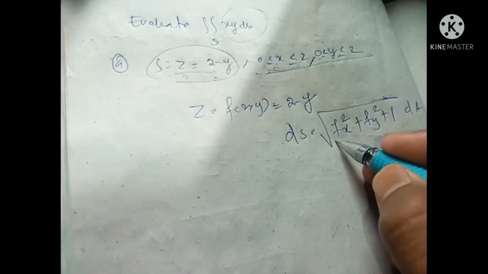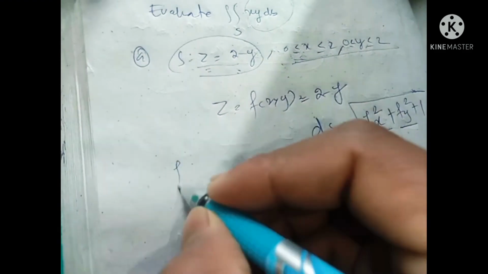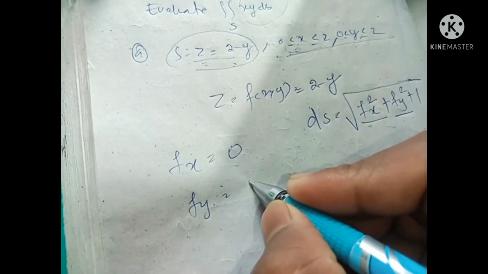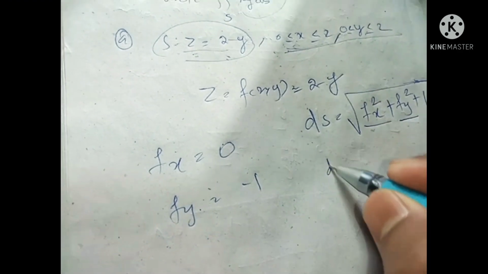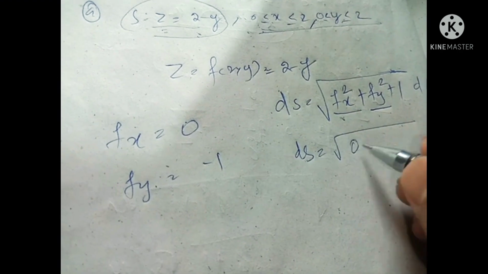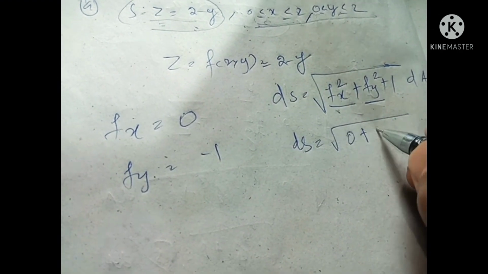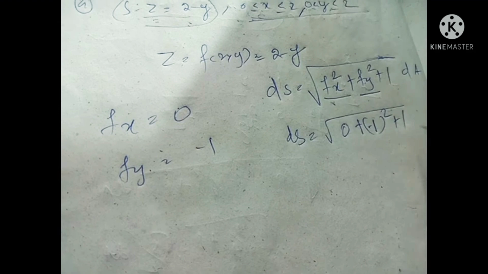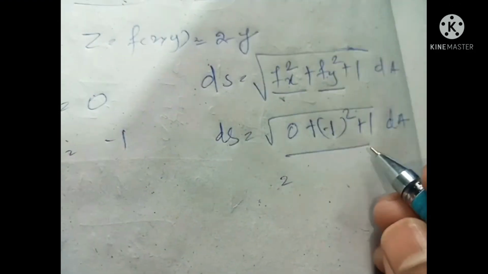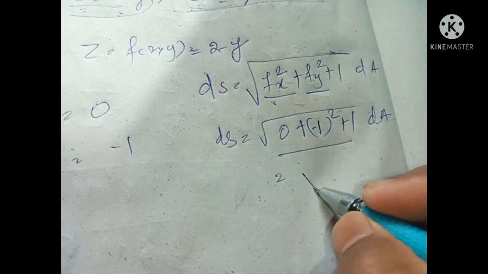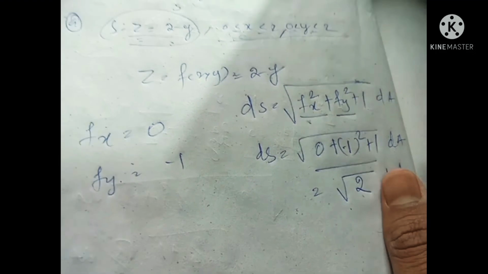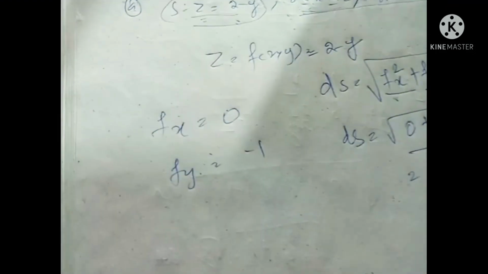So we have to find f_x and f_y. f_x is 0, and f_y, from 2 minus y, is minus 1. So our expression is 0 plus minus 1 squared, which is 1, plus 1. After that we get root 2 dA. So our area element will be root 2 dA.